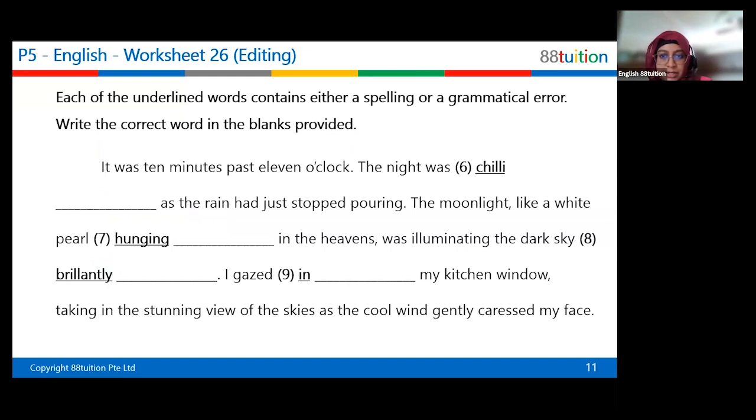Now editing, you already know, like you've done in school also, they will either have a spelling error or a grammar error. So look at this one. I need you guys to try to read this and then type in the chat question 6 till 9 only. Don't need to write the other answers. Just write 6 till 9 in the chat. You take about 1.5 minutes for this particular slide. Your time starts now.